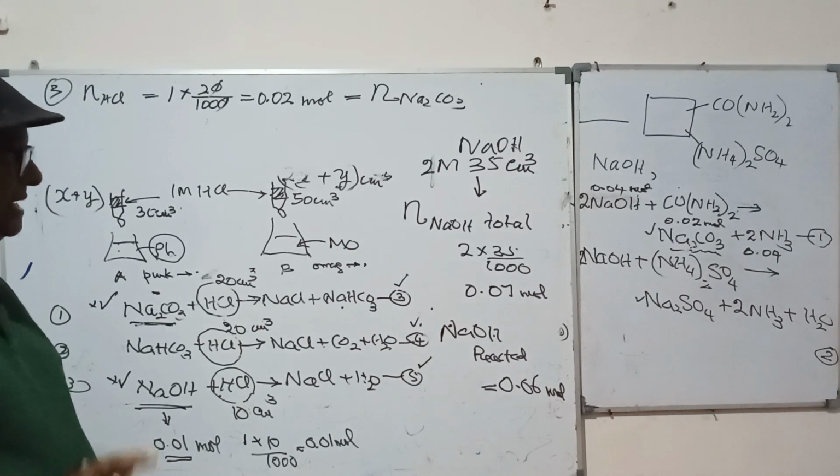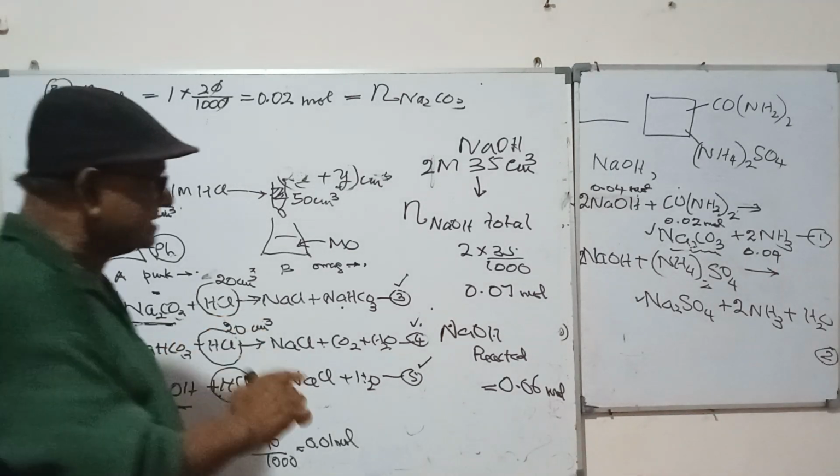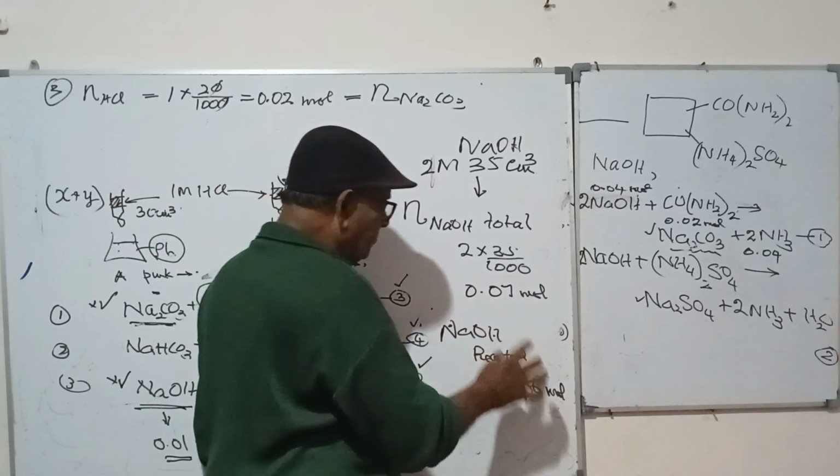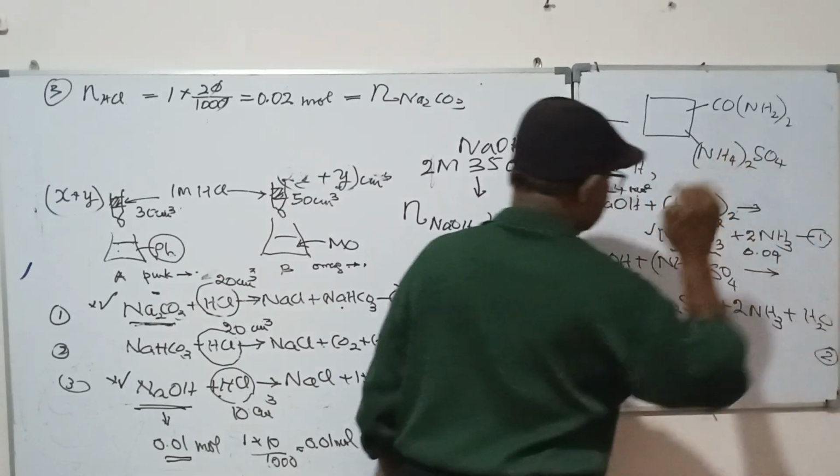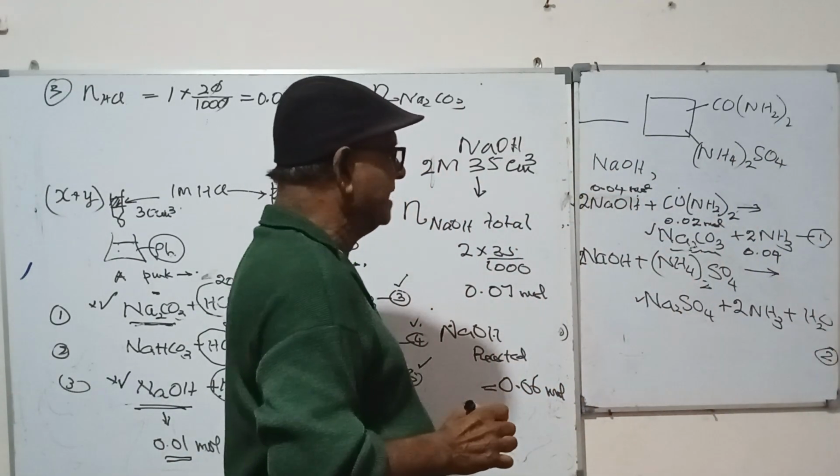Right? Then it is clear that 0.06 moles of NaOH was used for reactions 1 and 2.